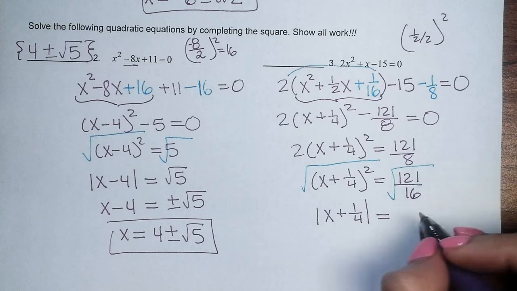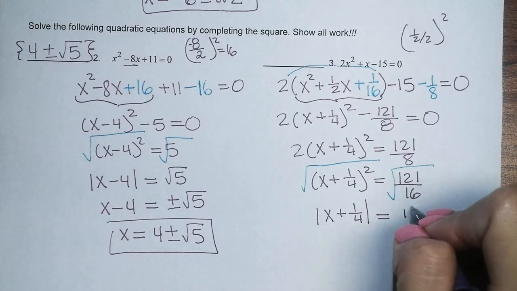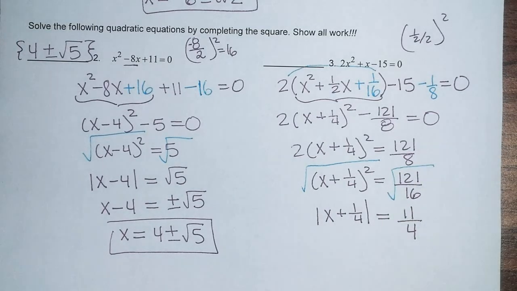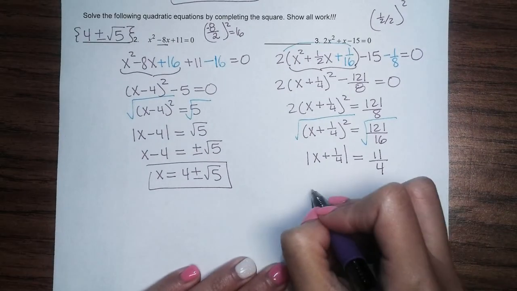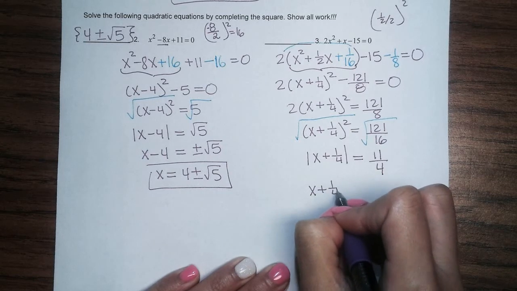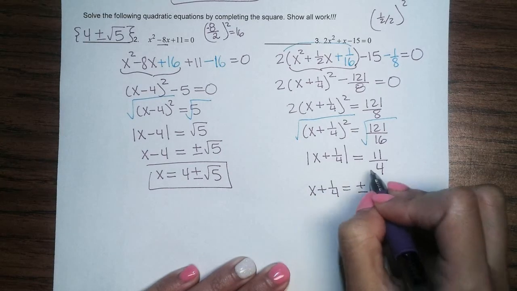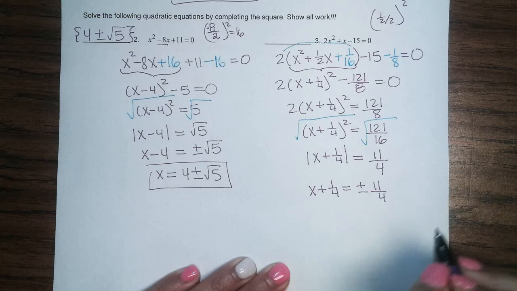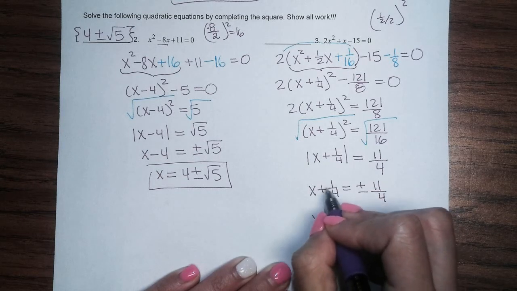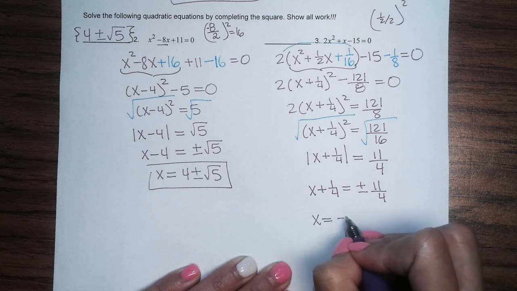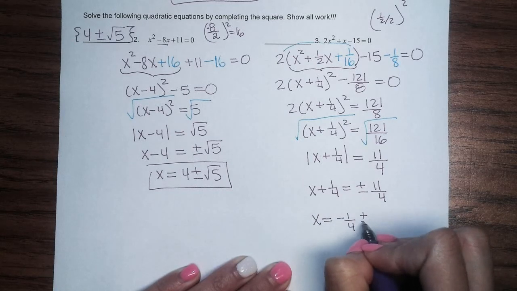Those are both perfect squares, so that's going to be 11 over 4. And now I can get rid of the absolute value by doing x plus 1/4 equals plus or minus 11 over 4. And then for my next step, move the 1/4 to the right with a negative 1/4 plus or minus 11 over 4.